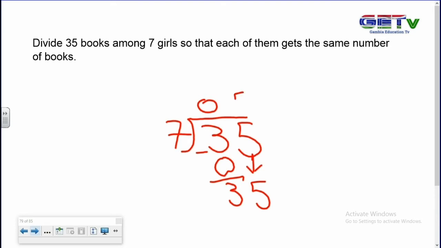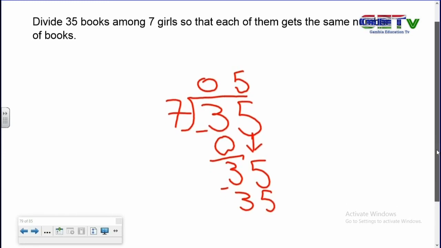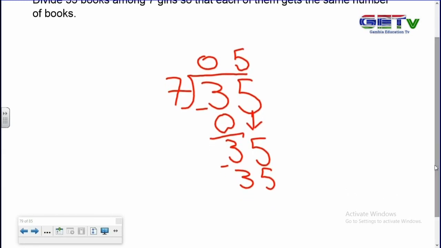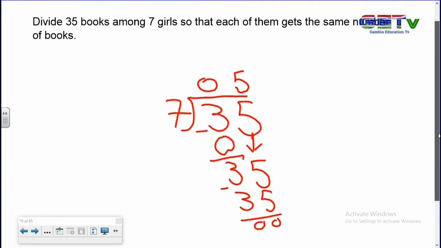And that is 5. 5 times 7 is 35. 35 minus 35 is 0. So if 35 books is shared among 7 girls, each girl will get 5 books when it is shared equally.